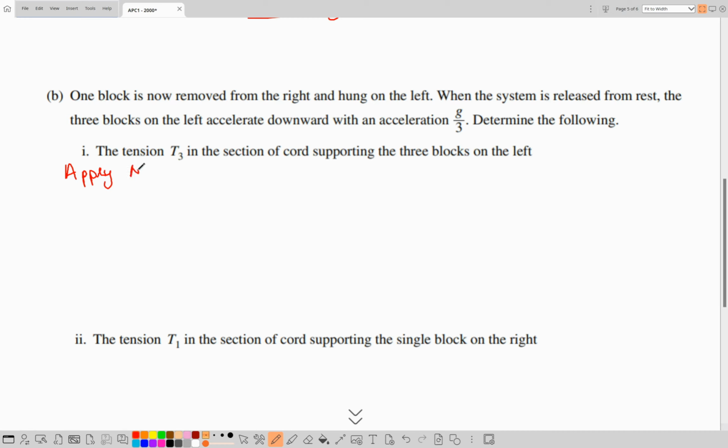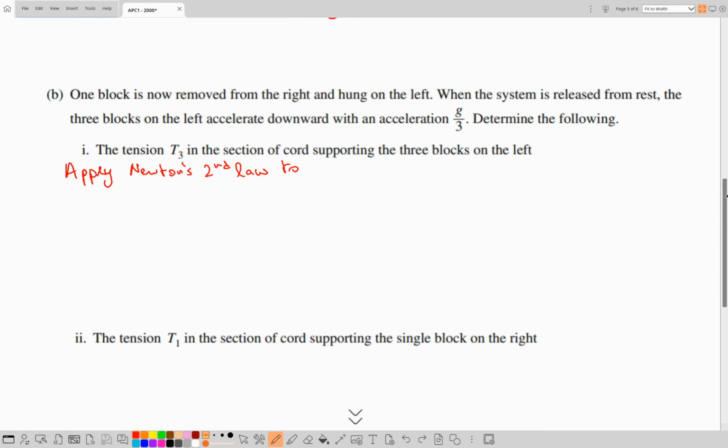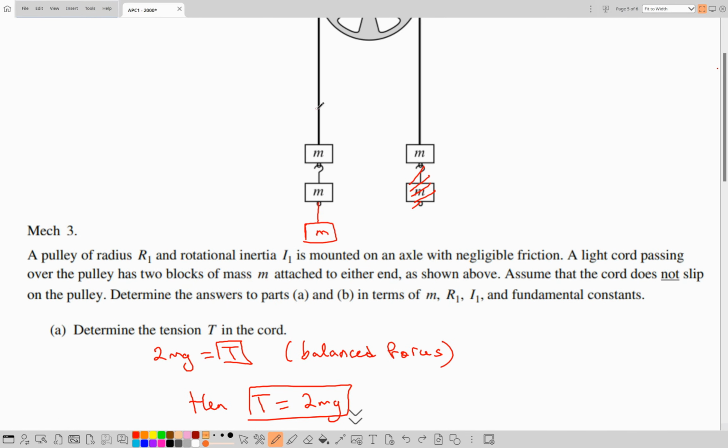Now apply Newton's second law for translation to which system? To the 3m block, because we're interested in finding this tension.